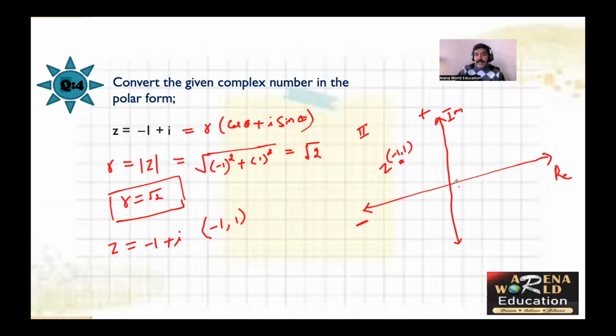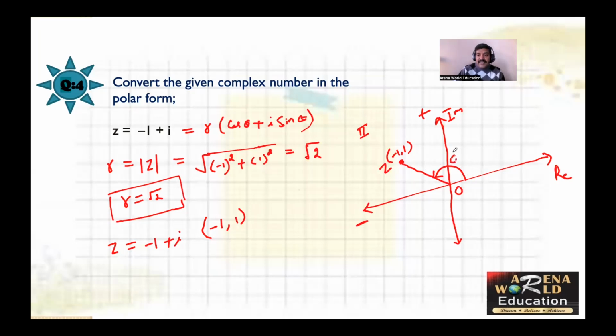And now what is the next step? Yes, we will join Z with horizon. Now we are in second quadrant. Now tell me what will be theta? Yes, theta will be this angle made in anti-clockwise direction, right?